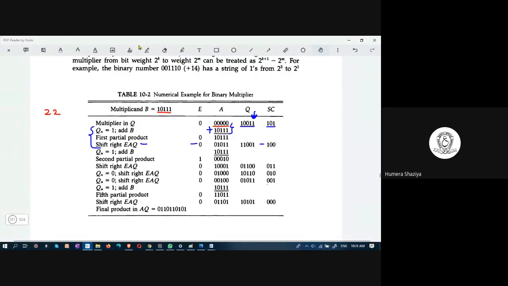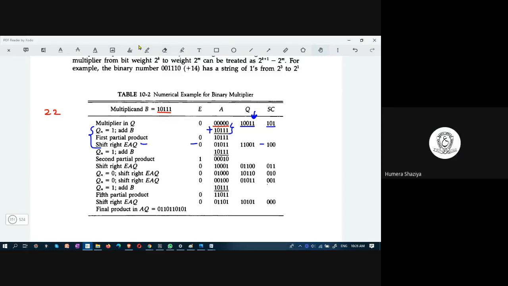Will anyone tell me what happens here again if Qn is equal to 1? Addition, ma'am.